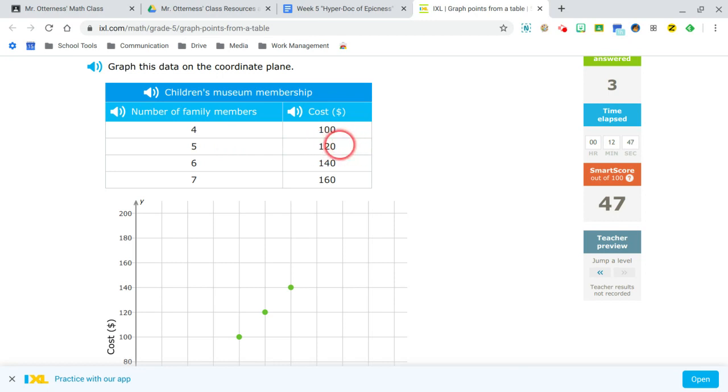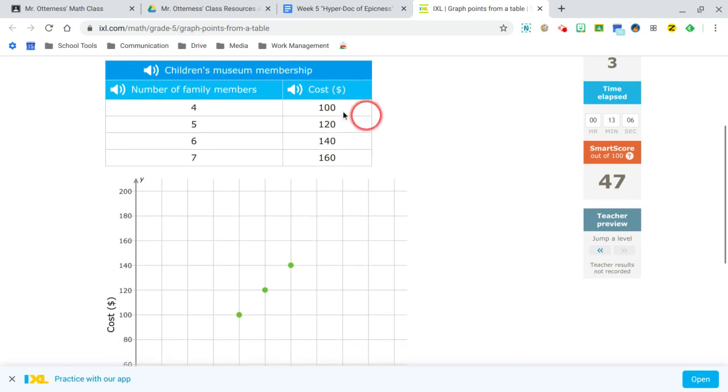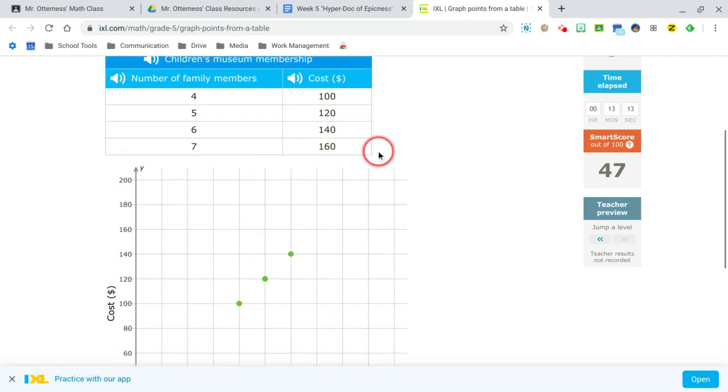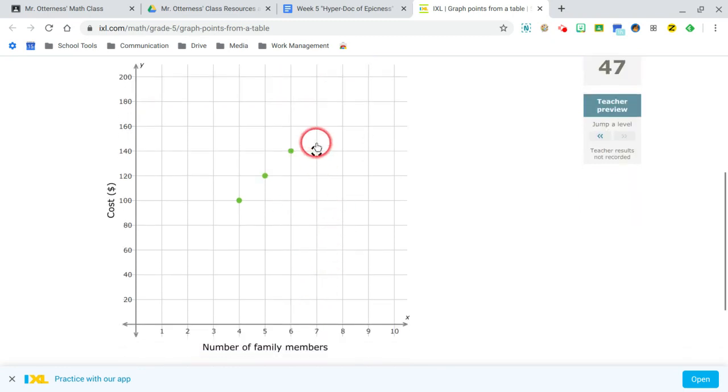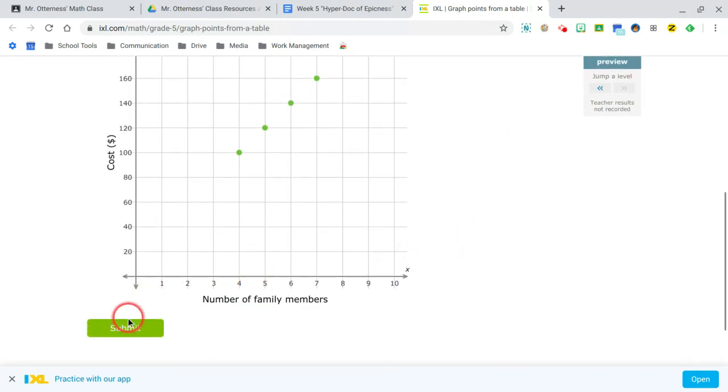It's 24. $24 is the cost per person. And you can see this in the real world because they want to encourage families to purchase the more expensive membership by creating a discount for larger families. Okay, so at least in this part right here, we can see that there is a pattern. We're increasing by $20. Okay, so 6 costs 140, and then 7 costs 160, right?